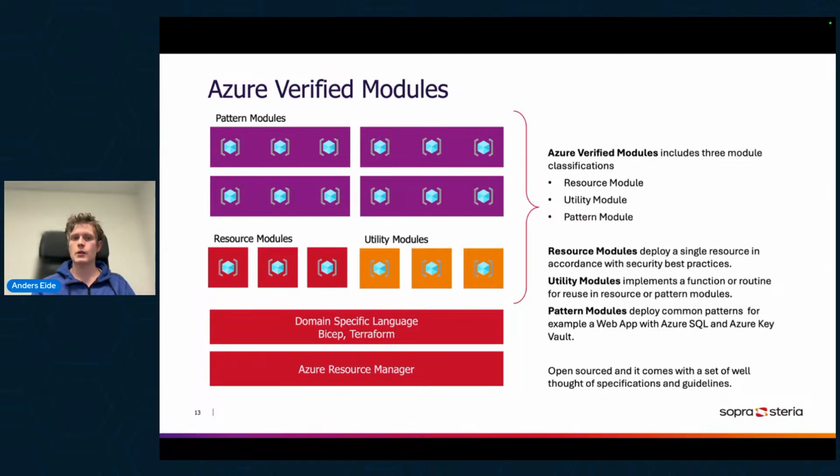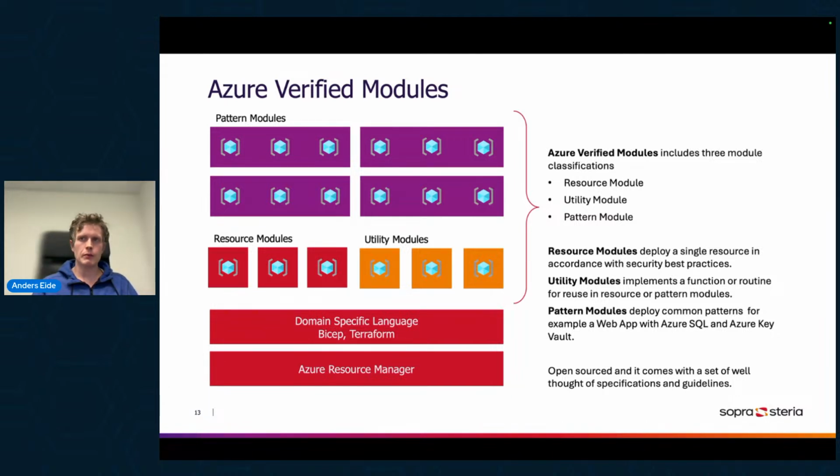So you can use Azure Verified Modules in your Terraform code as well from day one. So for example, a huge Terraform project that recently was upgraded to use AVM is the Azure Landing Zone Accelerator from Microsoft. So that whole Terraform module is now using Azure Verified Modules in the backend to actually get those deployed. So there's no reason to switch to Bicep to be able to use Azure Verified Modules.